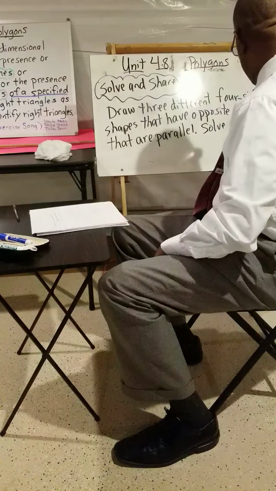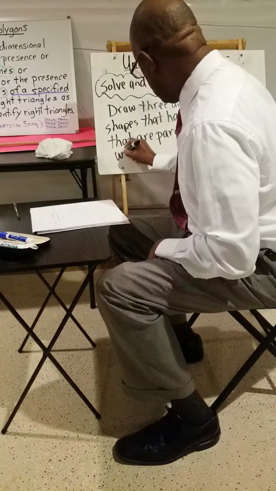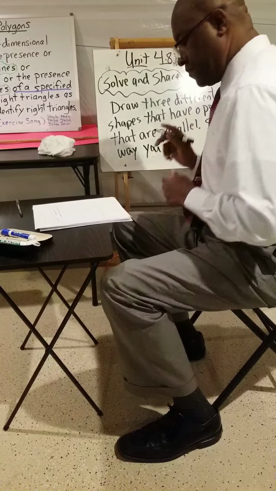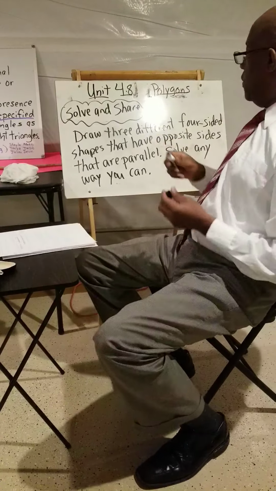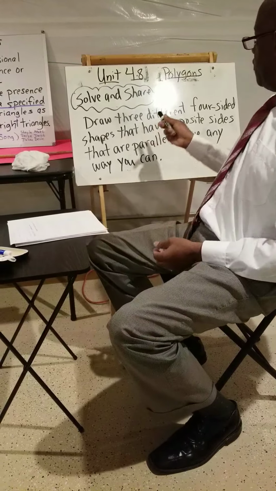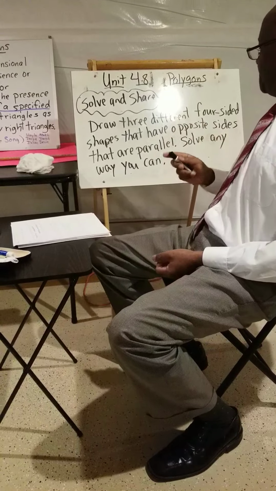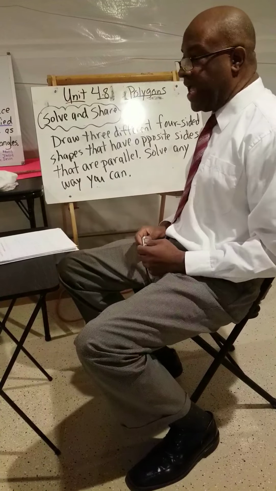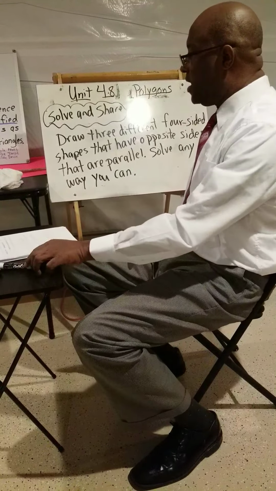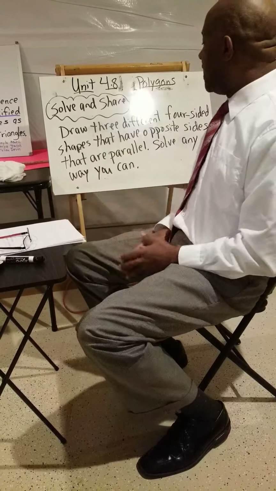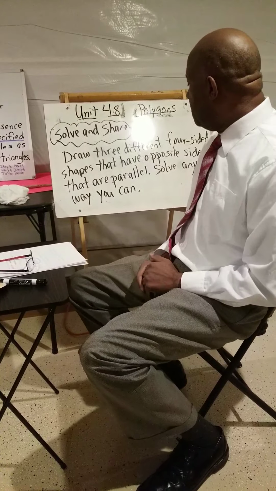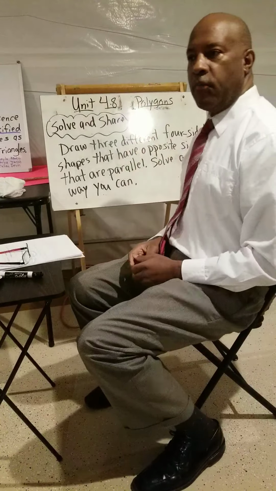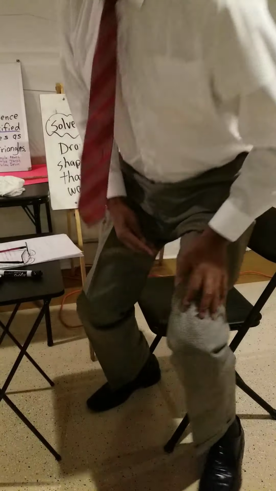Solve any way you can. So once again, to solve and share, draw 3 different four-sided shapes that have opposite sides that are parallel. Solve any way you can. And this is where we're going to pause it for a minute. And remember, boys and girls, just like in the classroom, what's our motto? There's more than one way to skin a cat. And so we'll come back with part B in a second while you all try to figure that out.